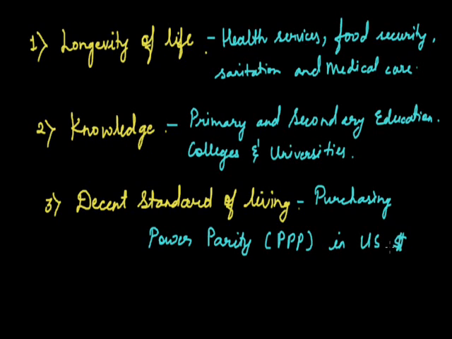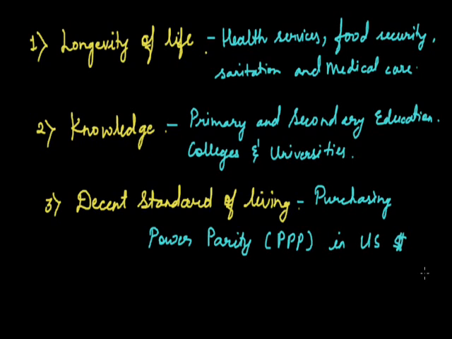If people are able to provide themselves with the basic facilities of food, housing, clothes, education, and are spending money to acquire a decent living in comparison to the US dollars, then we can calculate what kind of lifestyle the people pursue.